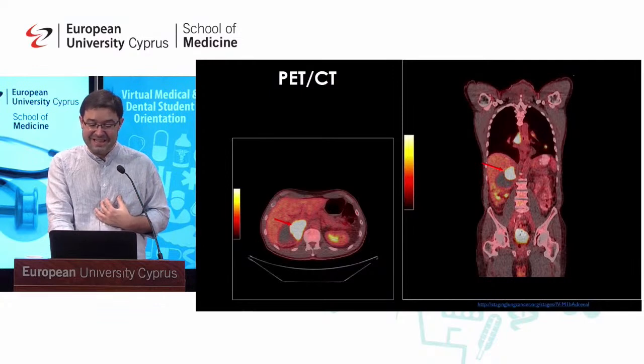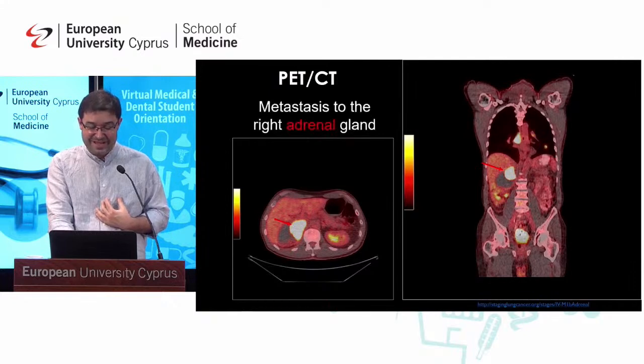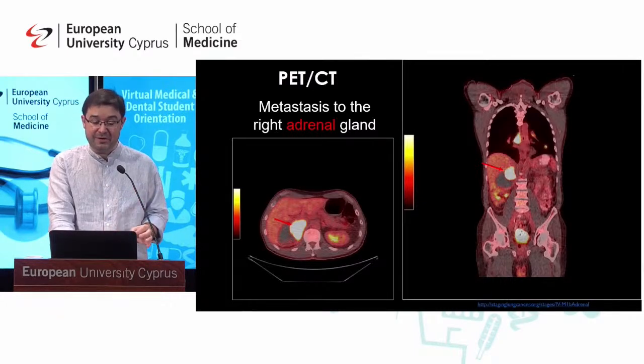Unfortunately for our patient, this examination detected a new metastasis. This time, where? In her right adrenal lung. You can see this metastasis with a red arrow, or if you prefer to call it this way, an area of high metabolism. The red arrow shows an area of high metabolism with the characteristics of cancer, as we said before.